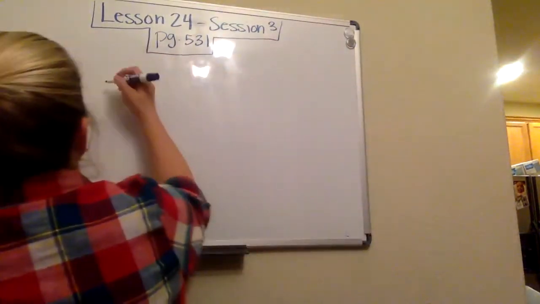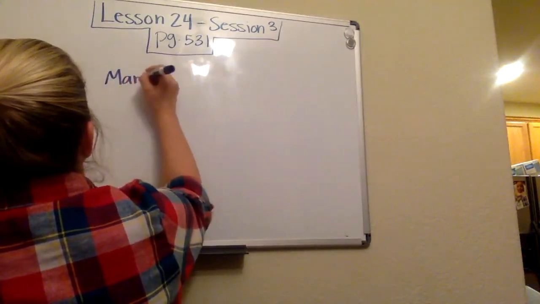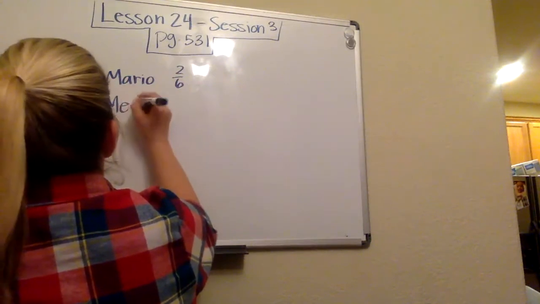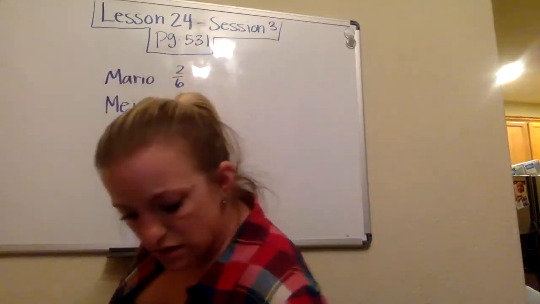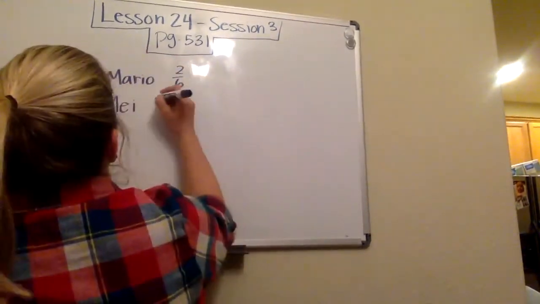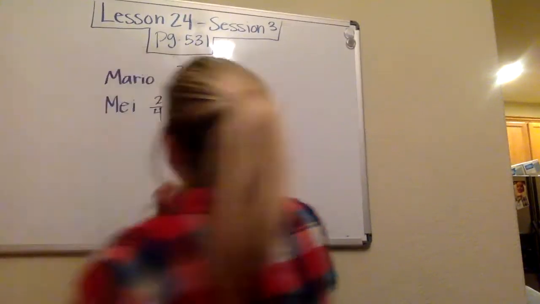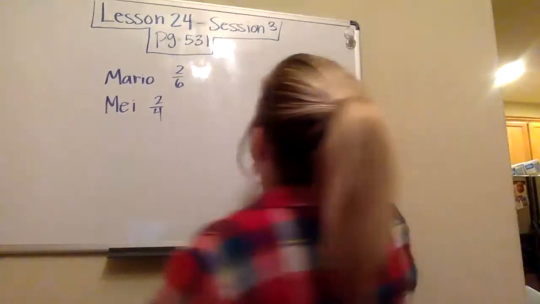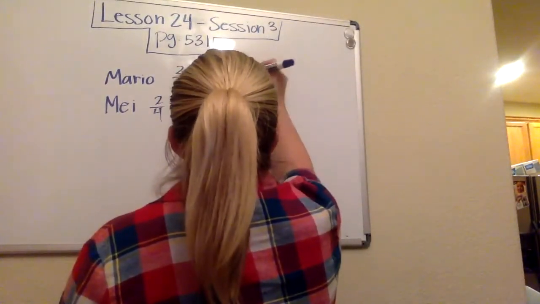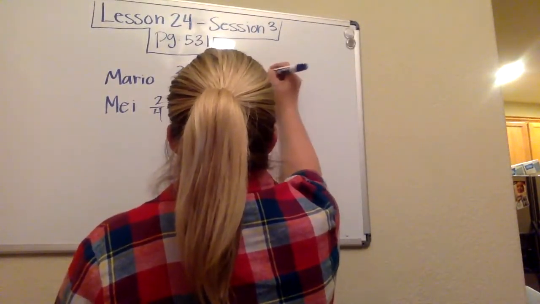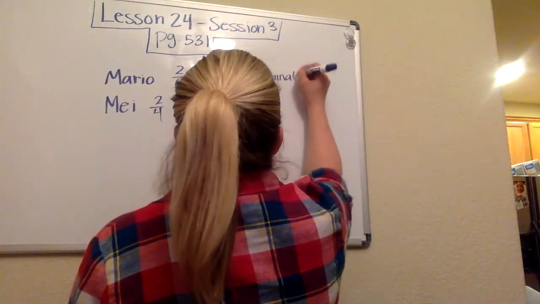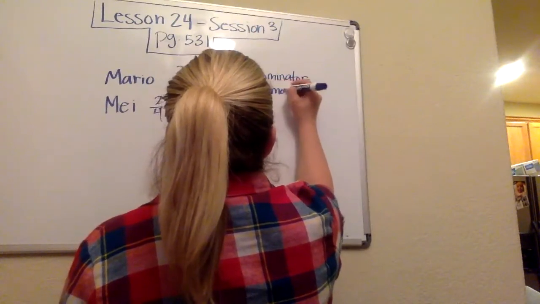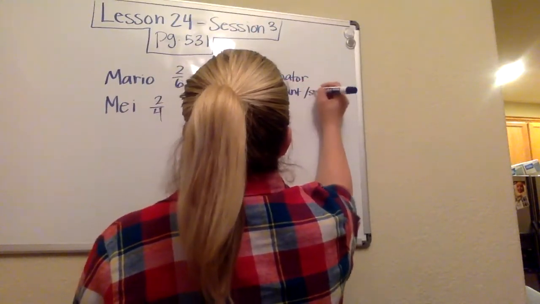Mario does 2/6. And Maylin does 2/4. So right out of the gate, hopefully you know that fourths are going to be bigger because the smaller the denominator, the larger the amount or the size.